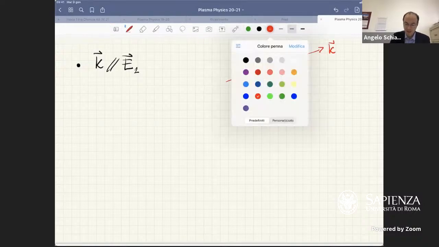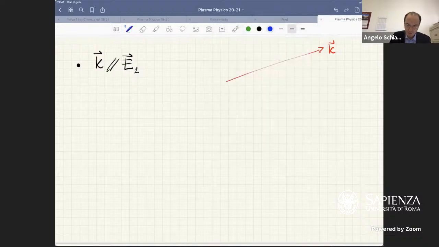In this case, the electric field will be oscillating up and down along the direction of the wave, E1, okay? And as you can understand, these waves get called longitudinal waves.